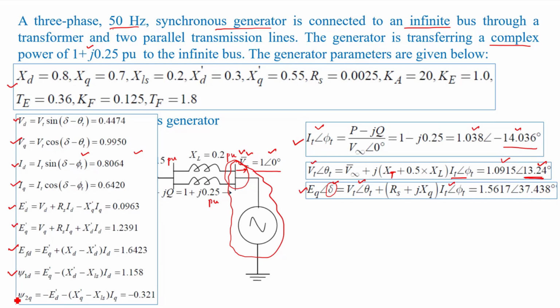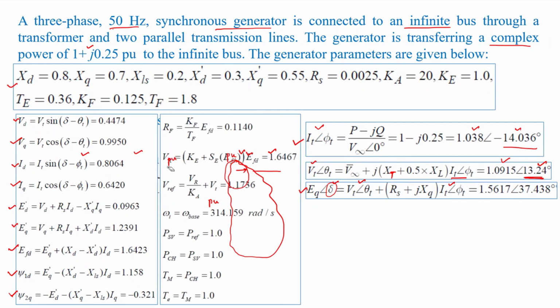Just by substituting in the steady state equations of these parameters, we can find the initial values, right? Similarly, Rf and VR we can find very easily. Similarly, V reference we can also find. Omega and omega base are equal under steady state condition. Then PSP, the valve power, is equal to P reference.